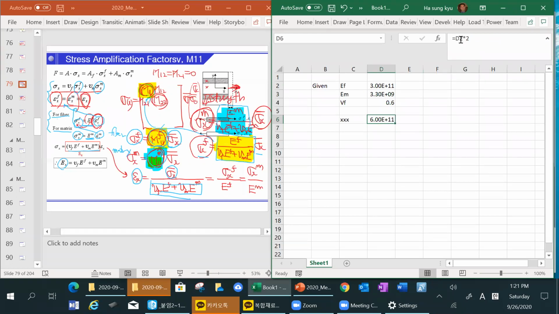But this D2 does not have any name. So I always recommend you to use a name instead of an address. So in this case, EF. Then as the equation becomes complicated, you still have the meaning of each cell. So again, use the name of each cell rather than just the address, okay?